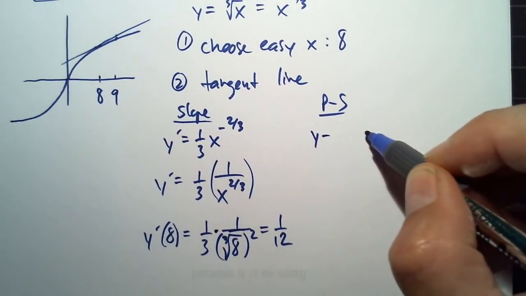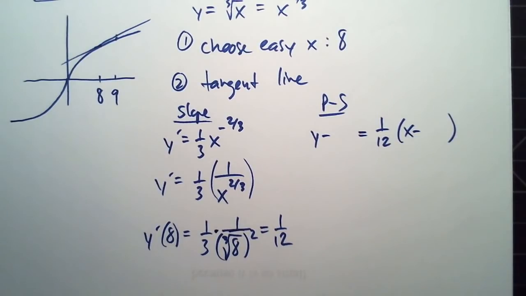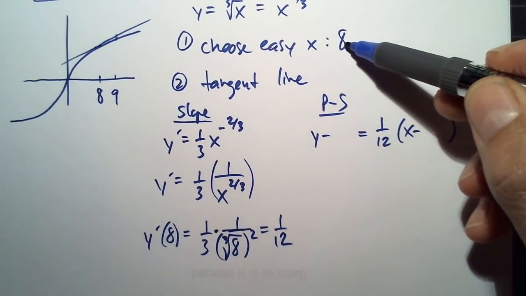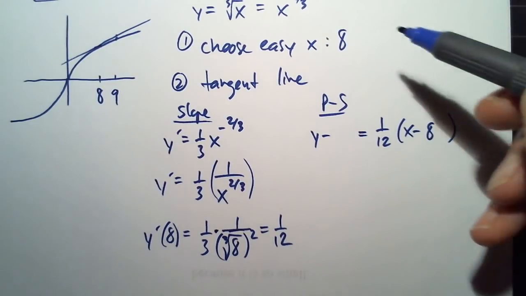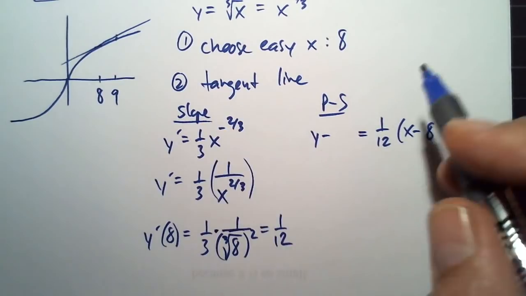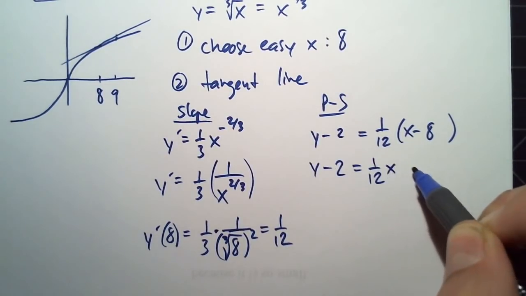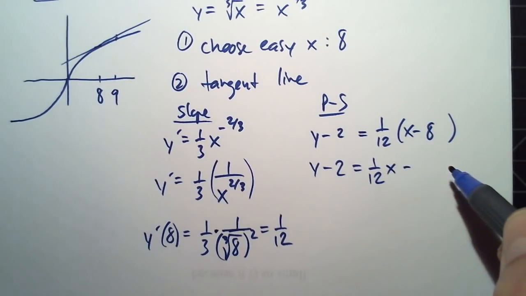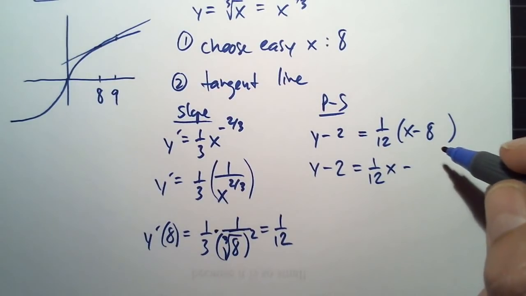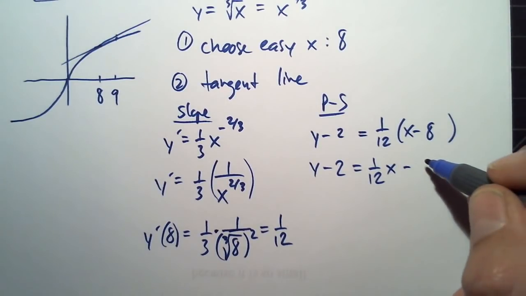Then we'll do the point slope. y minus y1 equals m times x minus x1. And it's the x that we chose, and it's the y value at that x. So we put an 8 there. The y value is 2. Eight over 12, we'll get 4 over 8 over 12.